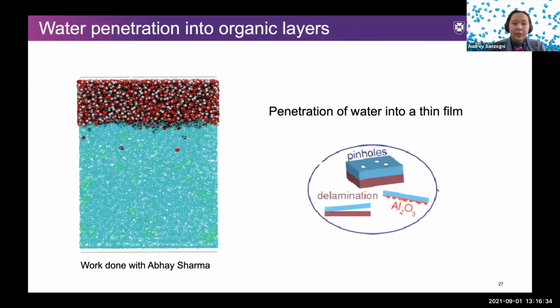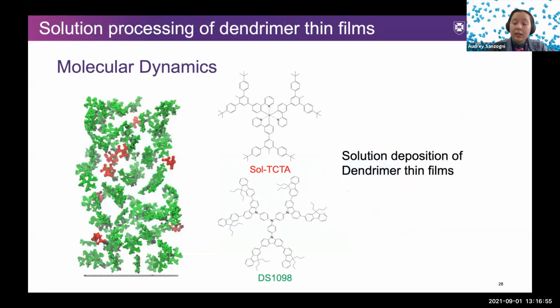I'm also interested in, and have been using these models to, simulate the penetration of water into thin films with Abhay Sharma, because of course the penetration of water into thin films can lead to things like degradation. And we're also extending the solution processing of different thin films to include dendrimer thin films.